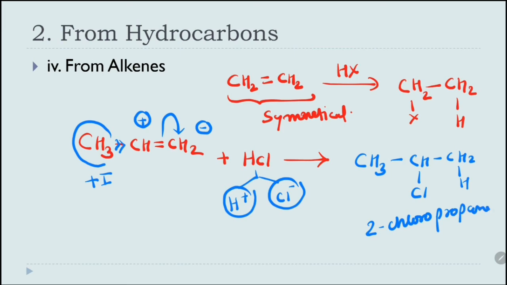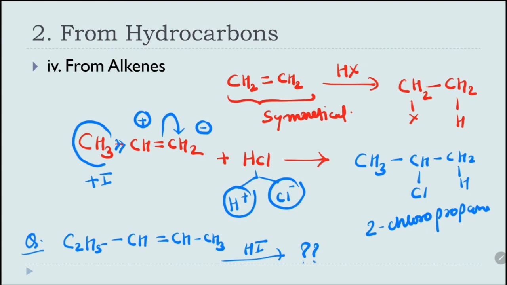Let me give you one example as an exercise. Solve it. Suppose we have C2H5 CH double bond CH CH3, and we are reacting it with HI. You have to tell me which product will be formed.